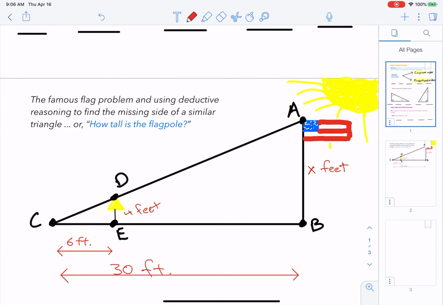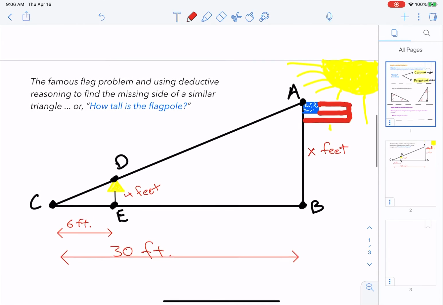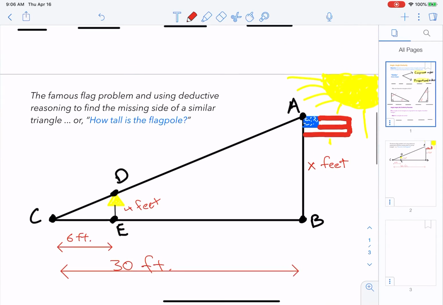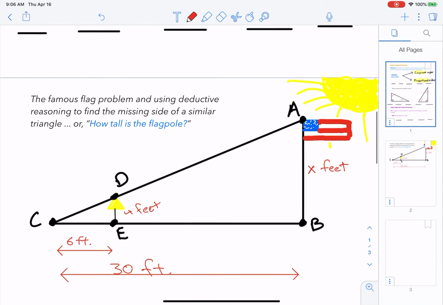So we have to see what the two triangles are that could be similar. They could be the same shape, but not necessarily the same size. Then I need to find the two angles that are congruent in order to prove that the triangles are similar.